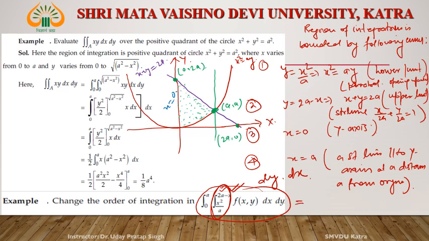Now we want to convert this integral with limits such that the internal limit is a function of y instead of a function of x. So evaluate this with respect to x first and then dy. Change of order means evaluate first with respect to x and second with respect to y.